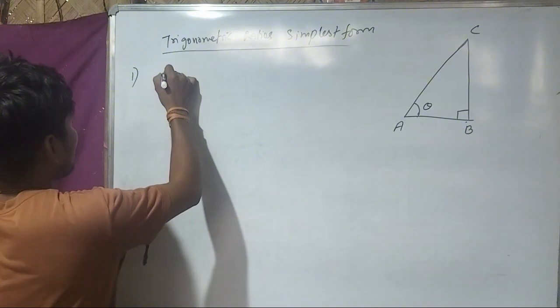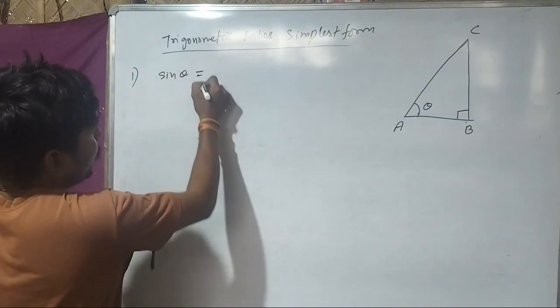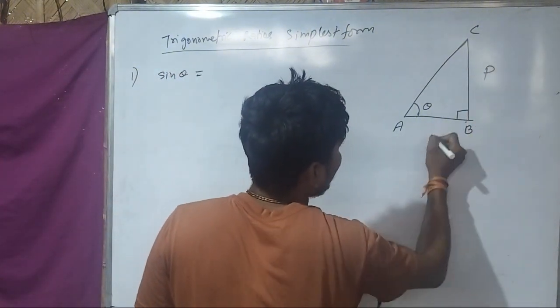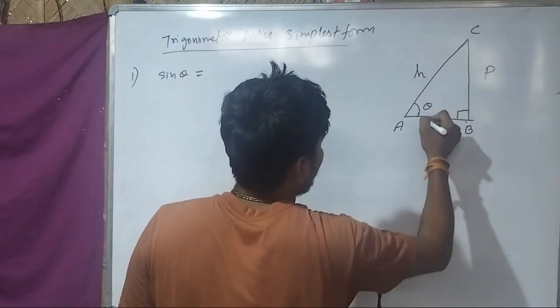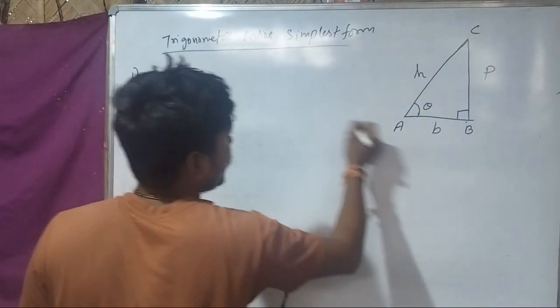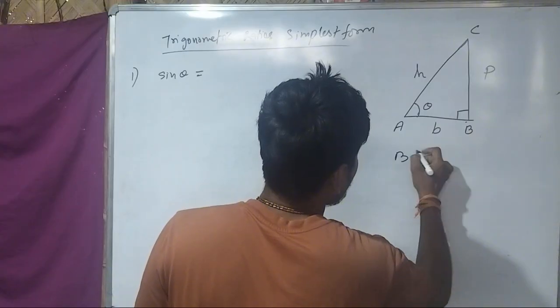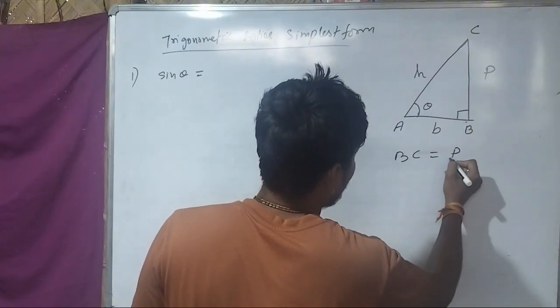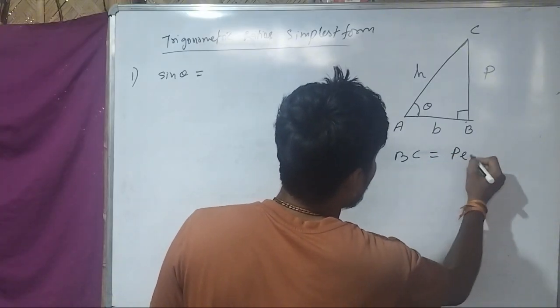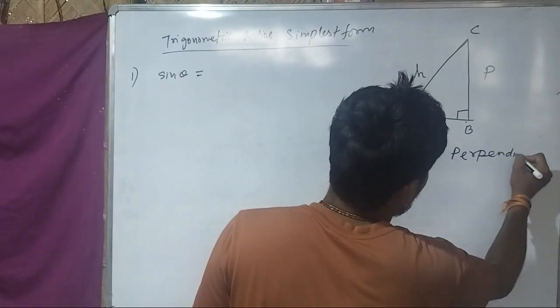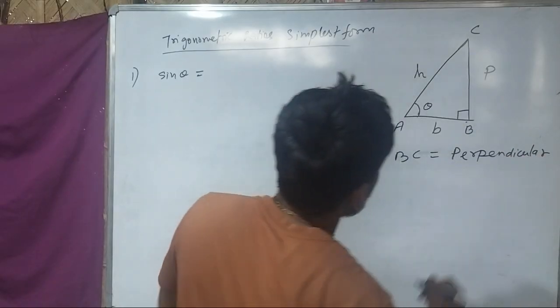Okay. Now see, sine theta will be perpendicular, this will be base and this will be hypotenuse. What is perpendicular? Here BC I have written perpendicular with respect to angle theta.